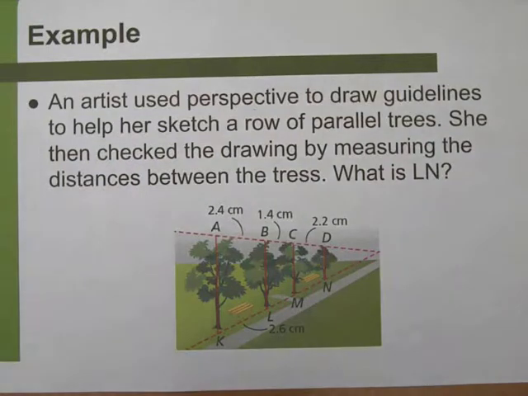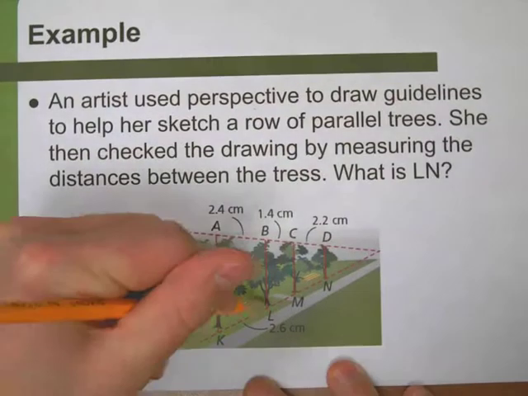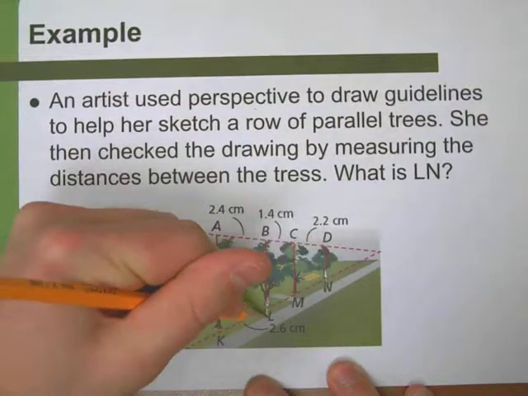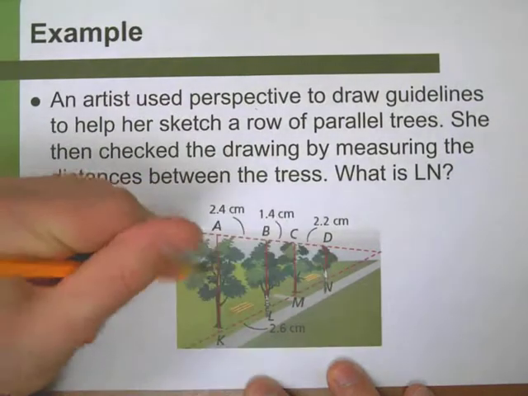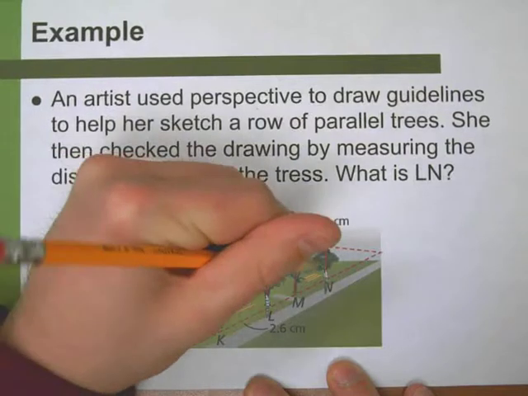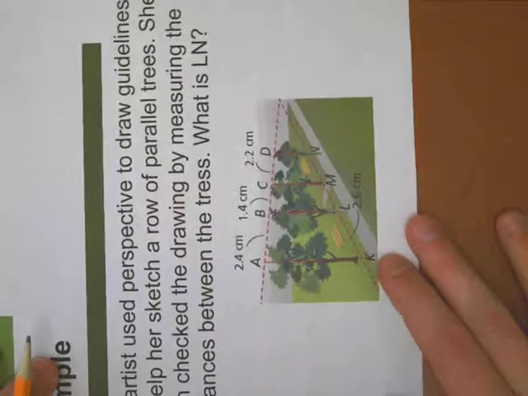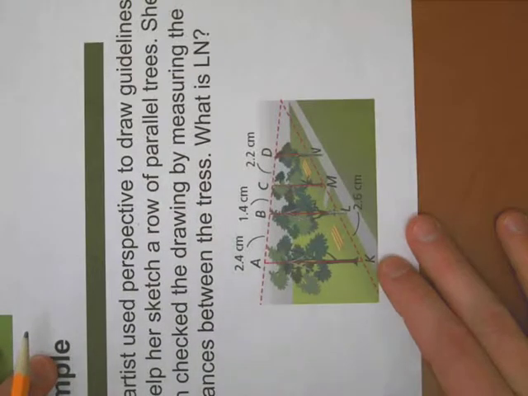Here's the basic idea, though. I want to find the length of LN. I notice that the trees are all vertically going straight upward, so they're parallel. Here are my parallel lines. It might be helpful to draw my triangle with my base, and this is going to cut everything proportionally.